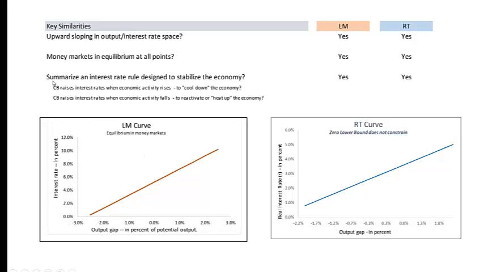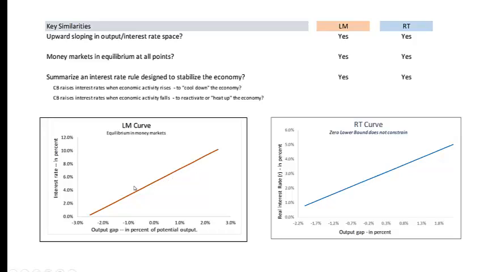Now, we previously learned that the LM curve summarizes an interest rate rule that is designed to stabilize the economy. Although we've argued, and we will further argue, that that's an implicit rule. But in this case, the central bank will choose to raise interest rates when economic activity rises.